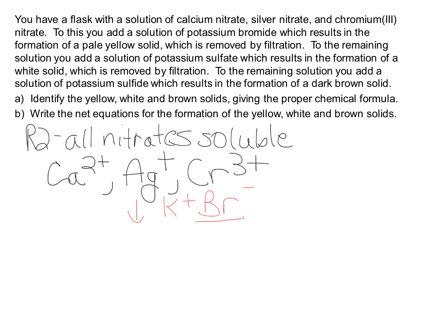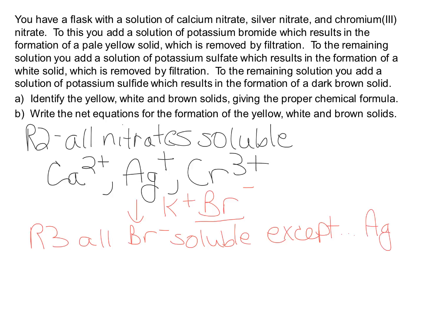Now, hopefully you remember that there is a solubility rule, Rule 3, that says all chlorides, bromides, and iodides, and we'll focus on bromides, all bromides are soluble, but there are some exceptions, and one of the exceptions is silver 1+. So, we have found a way to take silver 1+ out of our solution, because calcium 2+ does not precipitate with bromide, and neither does chromium 3+, according to the rules.